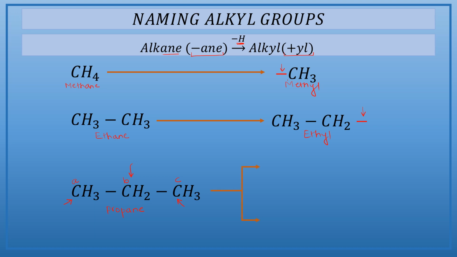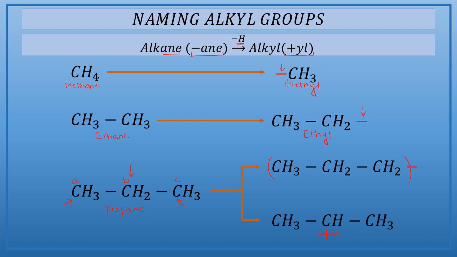So let me complete the removal of the hydrogen atom, and now you can clearly see that these particular groups are different. In this particular alkyl group, we have removed the hydrogen atom from the carbon marked as B. From here we use some more elaborate ways of naming them.